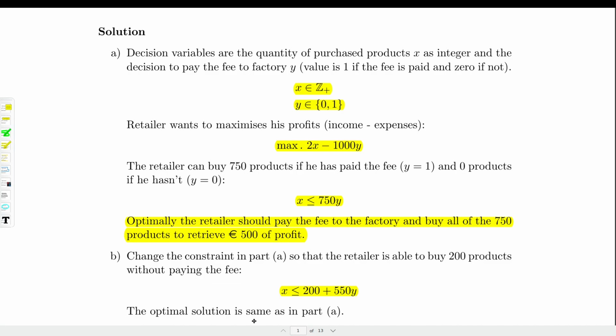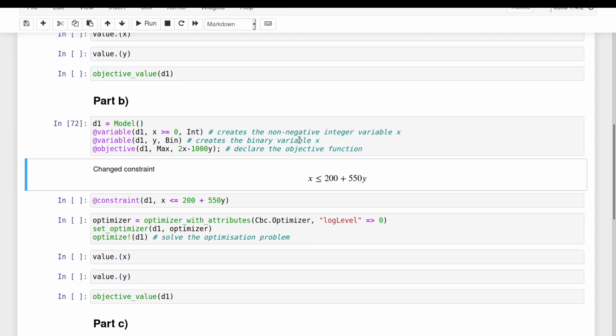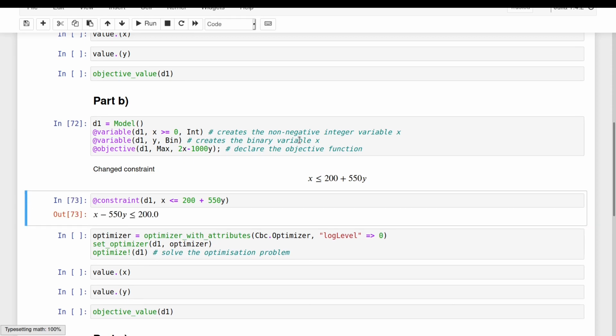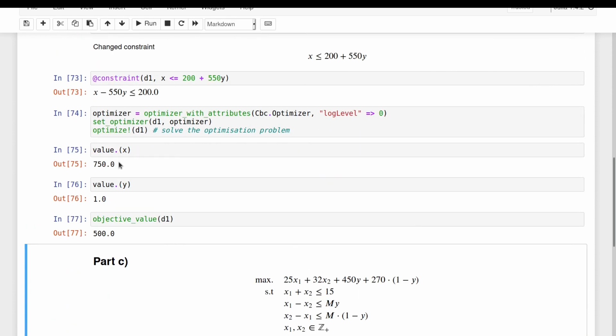Now the optimal solution is still the same as part A, and we can verify this using Julia and creating the model. Here we create the model as in part A, but we change the constraint to this one, and then let's optimize it. And as we can see, the solution is still the same.